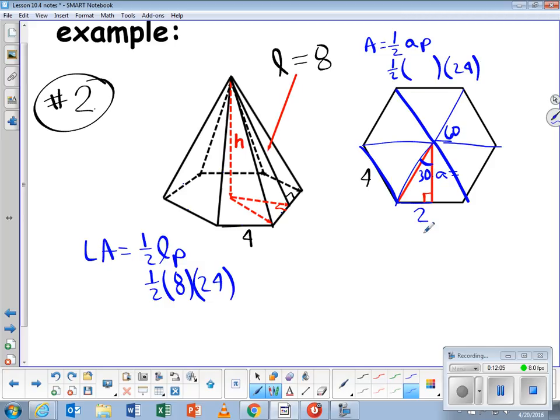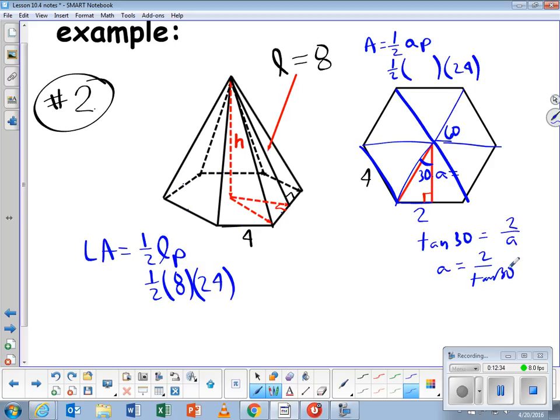Opposite and adjacent is tangent. So tangent of 30 is equal to opposite over adjacent. Am I in the way? Sorry. And then, because the unknown's in the bottom, what do we do with them? Switch places. So A is equal to 2 over tan of 30.